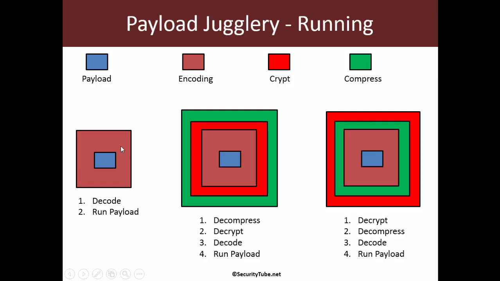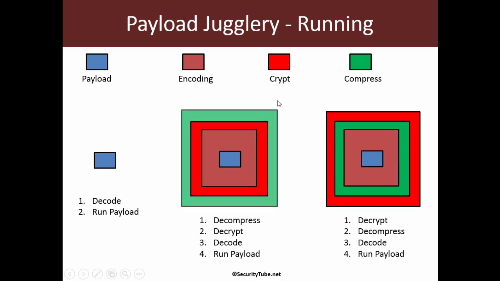Now for just an encoded payload, the first step is to decode it. So the decoder stub would run, decode the payload, and then the raw payload would be run by passing control to it. Now in the second case, if you recall, we took the payload, we encoded it, we crypted it, and we compressed it. So the compression is the outer layer which has to go off first.